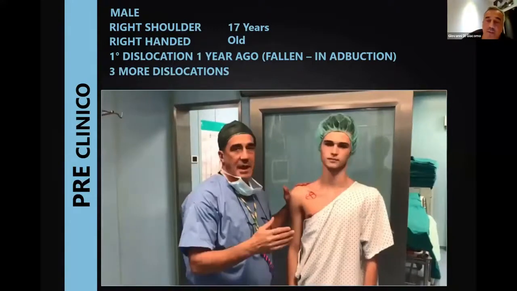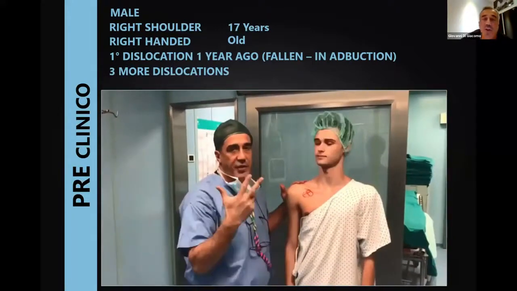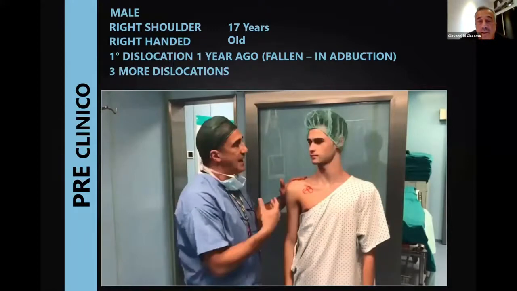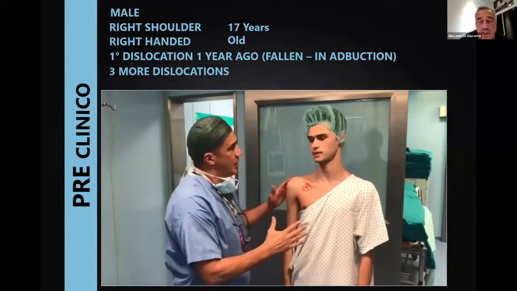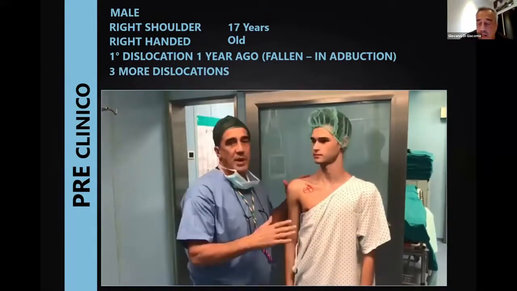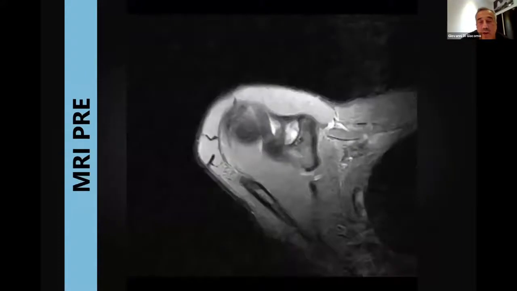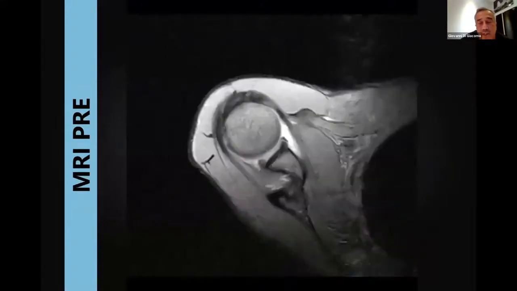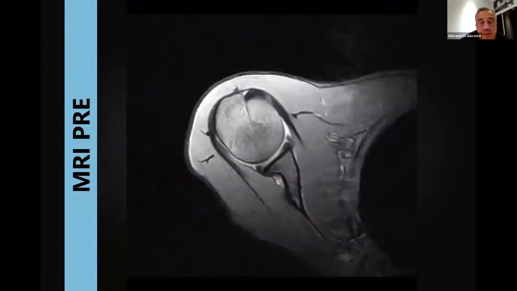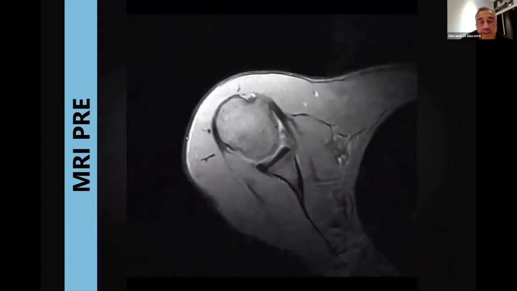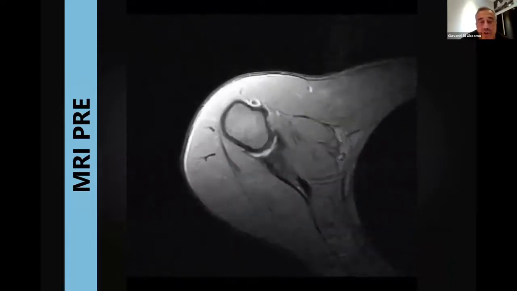So we have a 17-year-old with four subtle dislocations, sub-dislocations, not dislocations. And if you look at the image, you can see that there is a good sclerotic line, and on the MRI, you can see without any special measurement that there is a very small Hill-Sachs and there is a Bankart lesion.